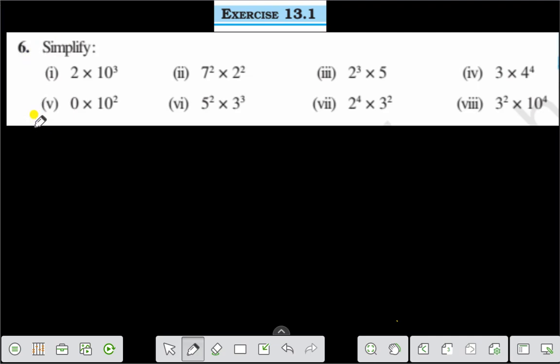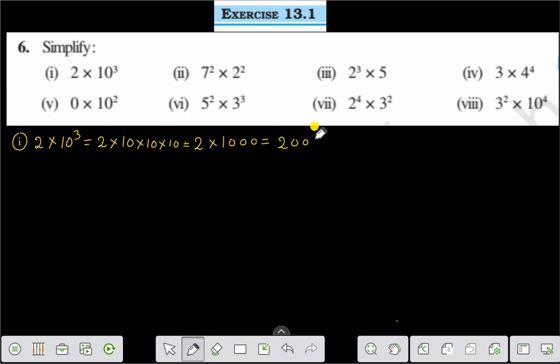2 into 10 to the power 3. That may be written as 2 into 10 into 10 into 10, or this can be written as 2 into 1000, or it can be written as 2 and 3 zeros.